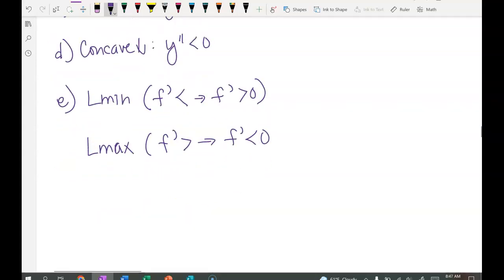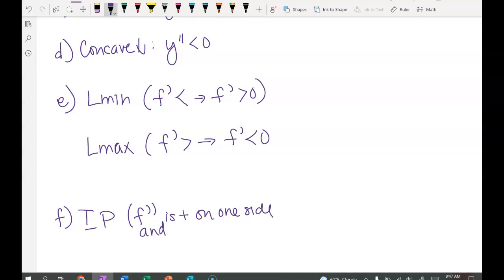And then we want to find the inflection point, so IP. Now, inflection point is the second derivative test, when the second derivative is positive on one side and negative on the other, and vice versa. So, all right, let's go.